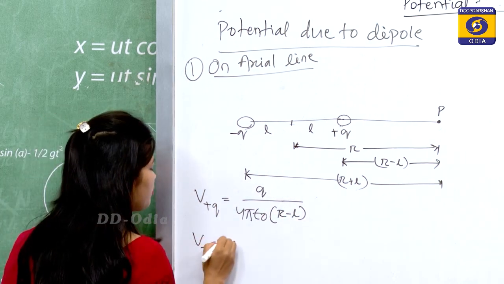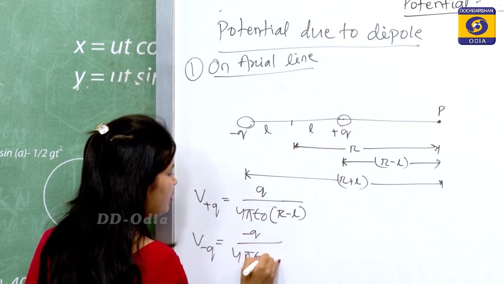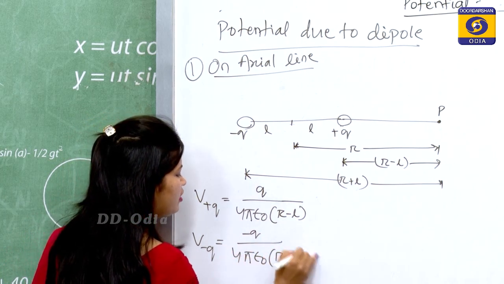Potential due to minus q is minus q upon 4 pi epsilon naught (r plus L).